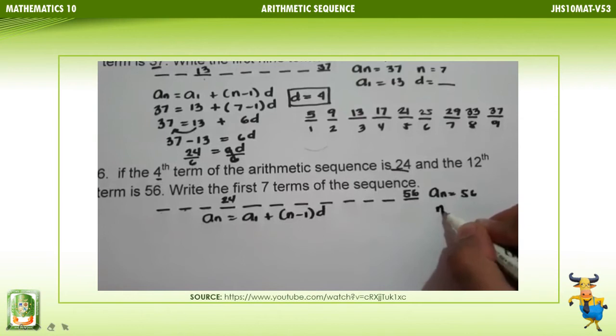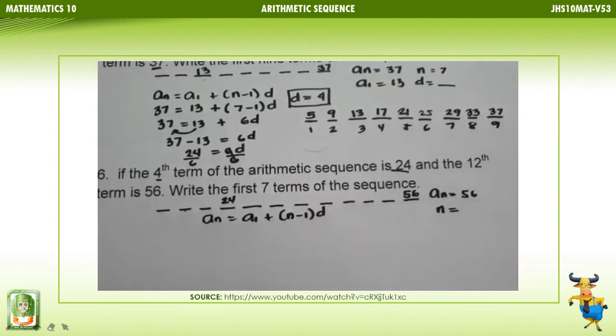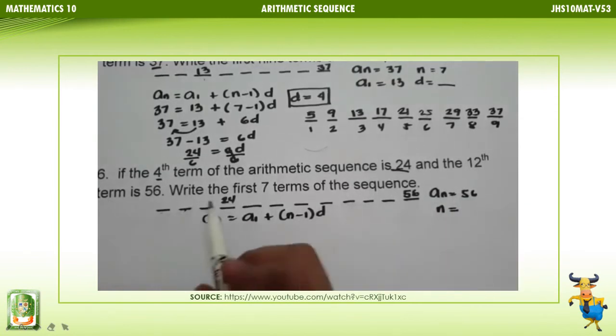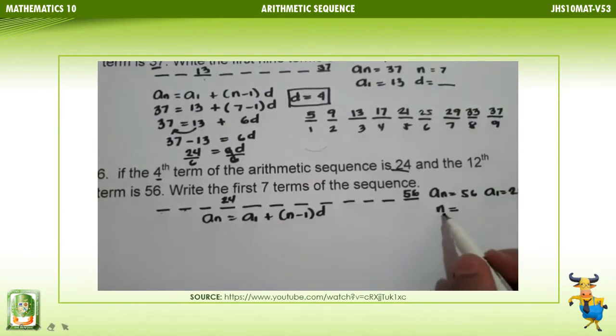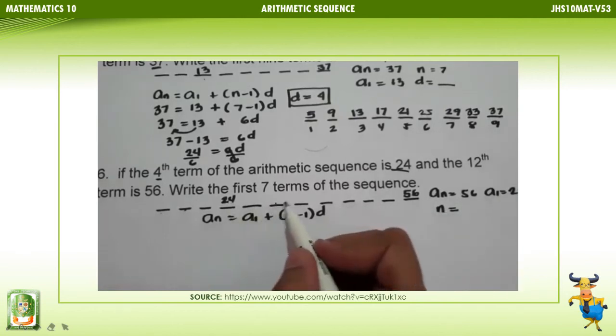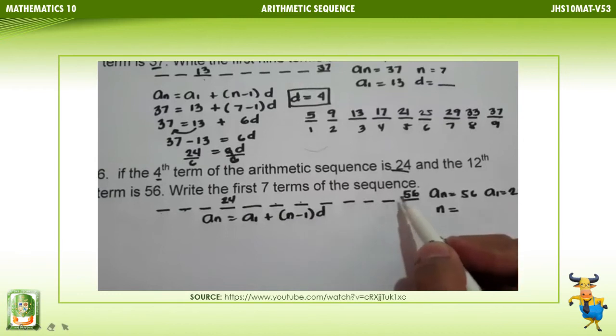Since we don't have a first term, this will be our first term, that is 24, but we change the number of terms n. So n will be 9 because our first term is 24.